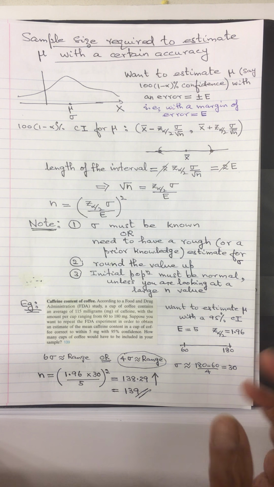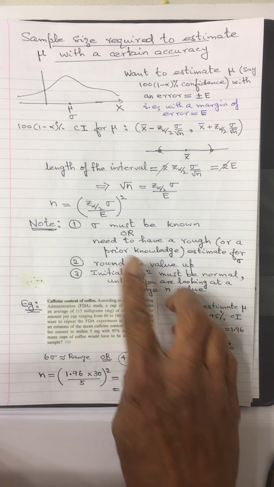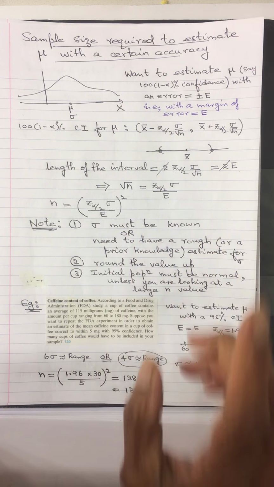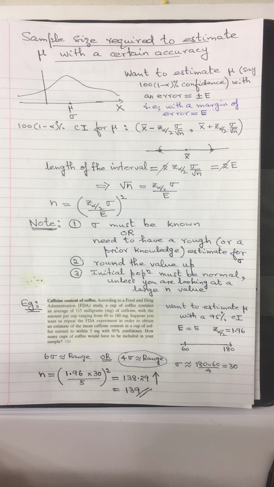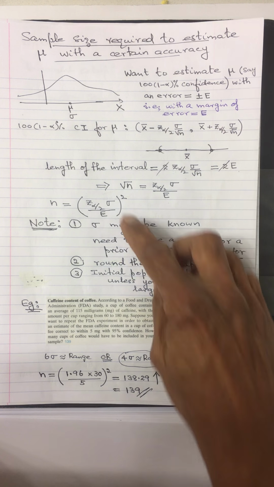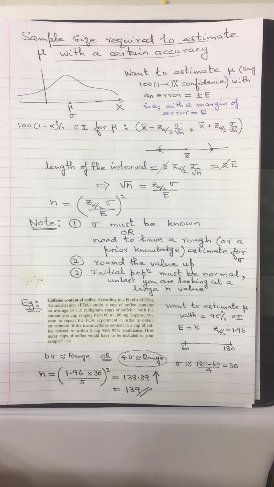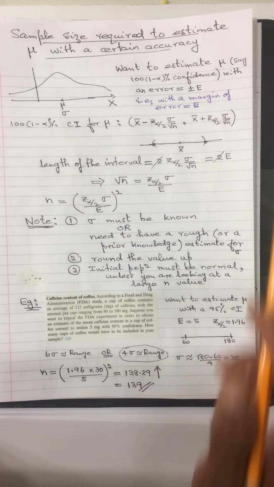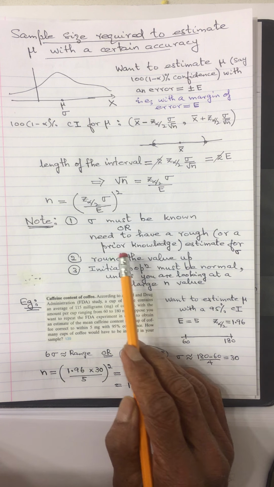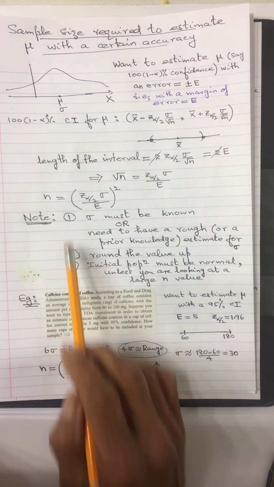You need those values because you are doing this before you pull your random sample, so you don't have an estimate from data. You're looking at how big a sample you want to achieve a certain accuracy. So that is note number 1.